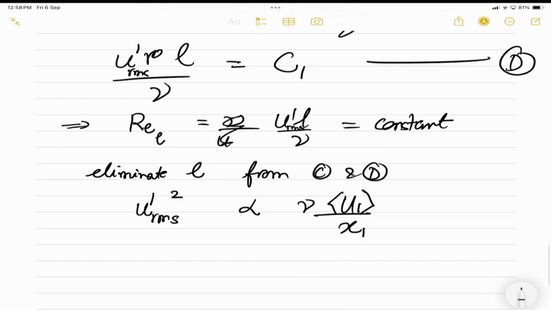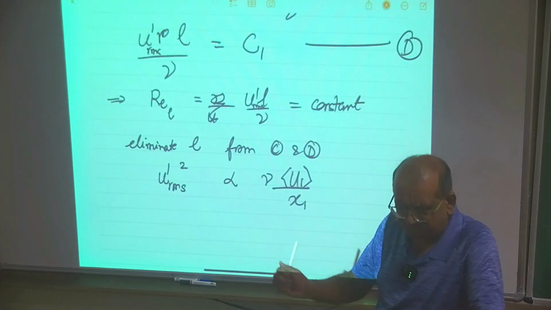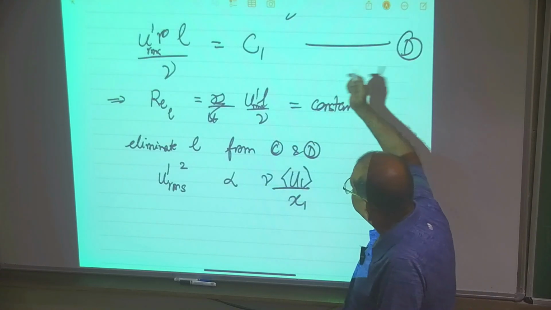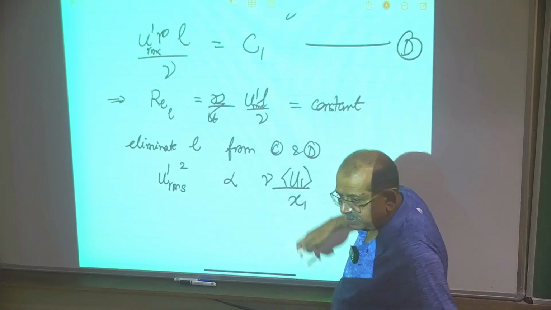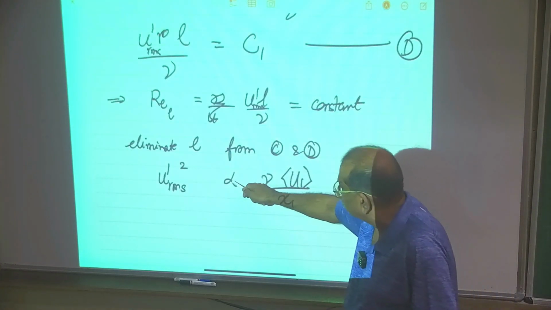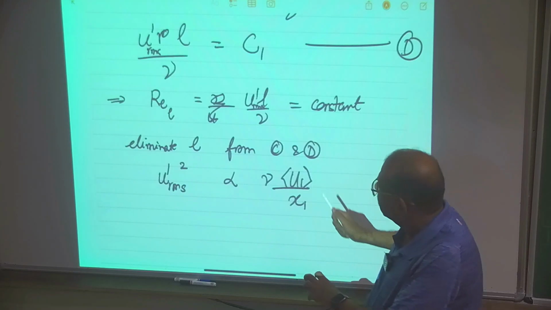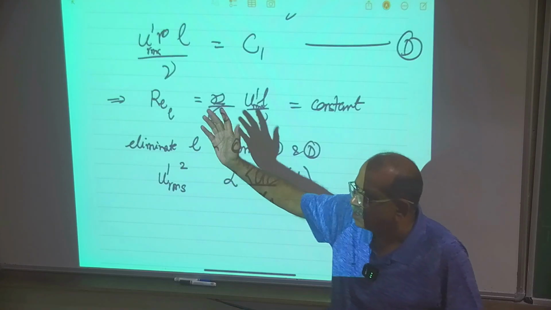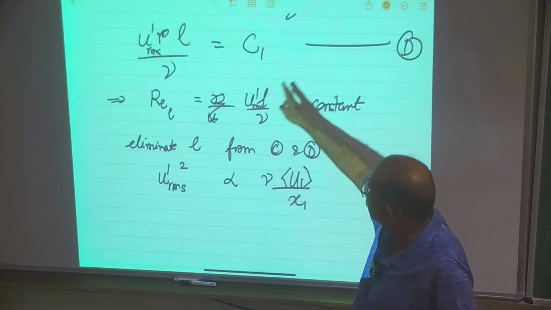There are some constants, I'm not sure whether it is C times C1 or C divided by C1 or the product of C and C1, because I have sort of goofed up a bit while writing my notes, so I'm not writing the constant. There will be some combination of C and C1, whatever those constants were.